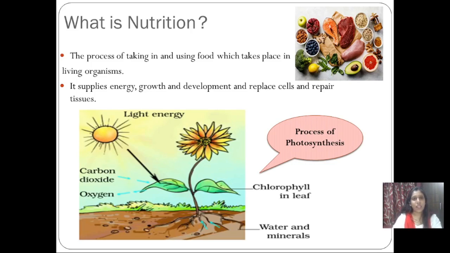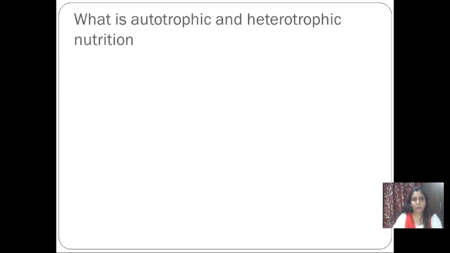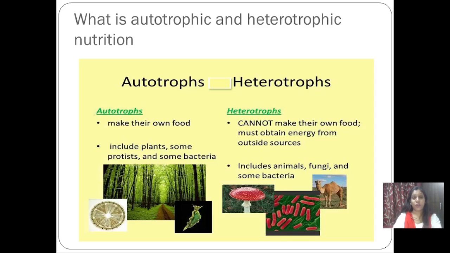So let us see our next topic. What is autotrophic and heterotrophic nutrition? Autotrophs and heterotrophs. Autotrophs make their own food, heterotrophs cannot make their own food, but obtain their food from outside sources. So children, tell me the examples of autotrophs.